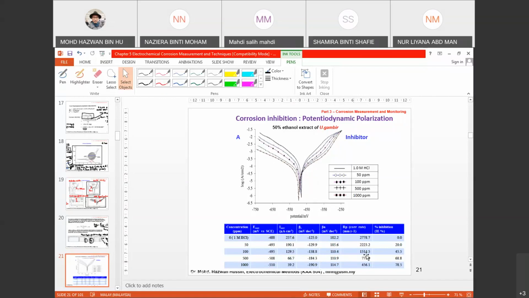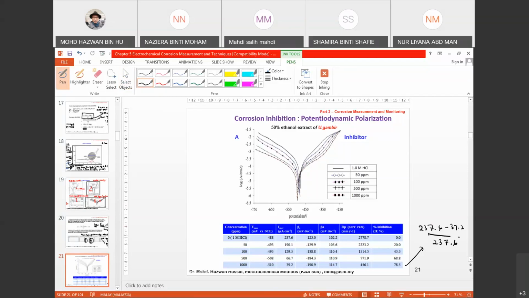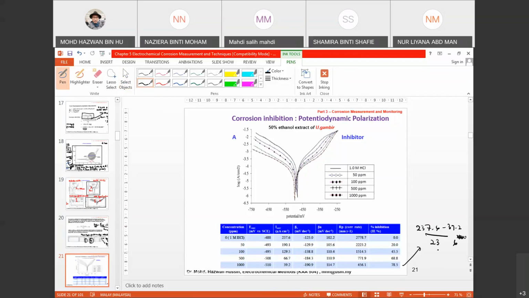So the inhibition efficiency can be calculated as follows. You can calculate it, for example, like this: 237.6 minus 39.2, divided by 237.6, multiplied by 100. Then you will get the value.